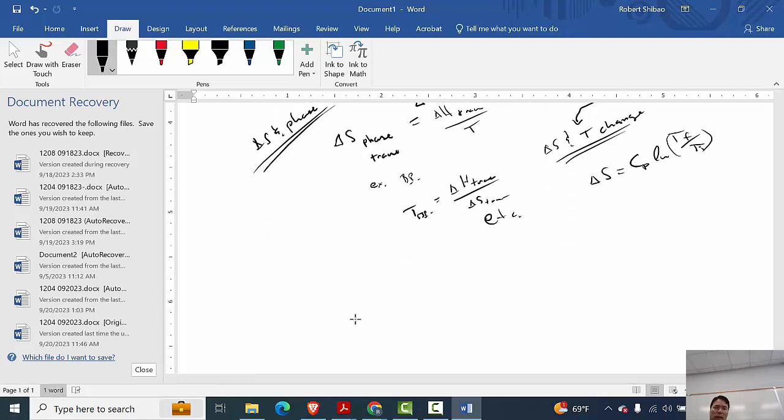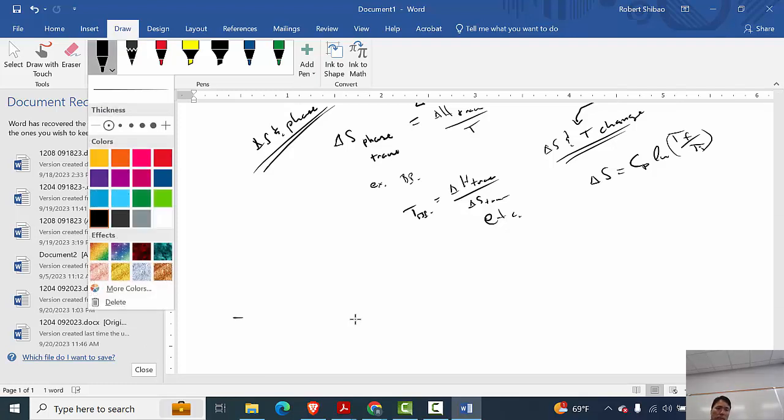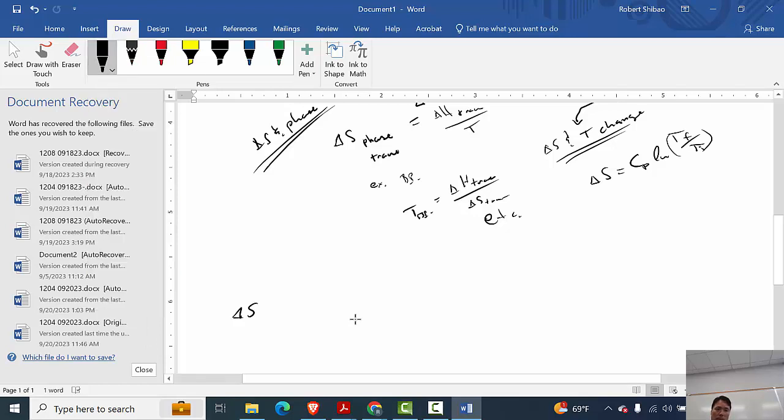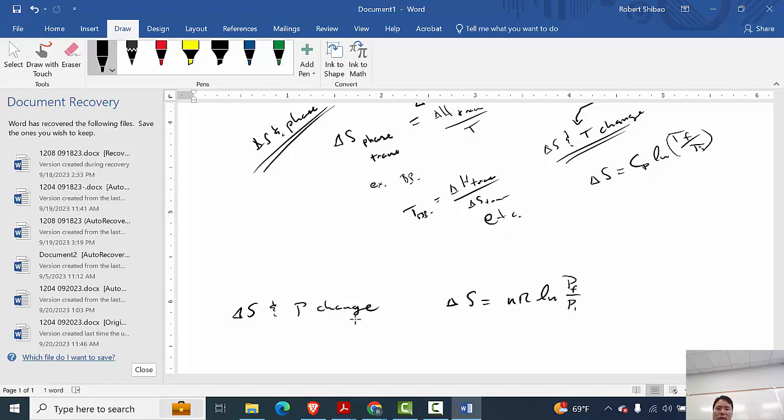All right. Delta S due to a pressure change is just going to be NR ln P final minus P initial. This is the way they had it written in your book, so it's a minus here.